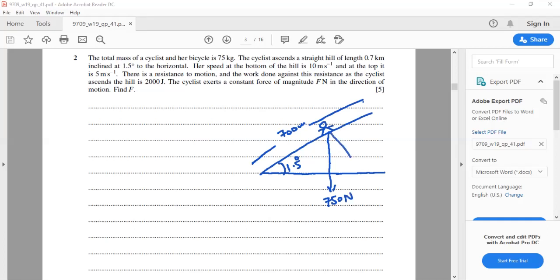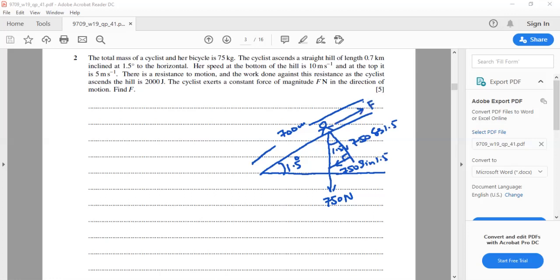If we resolve it into horizontal and vertical components, this angle is going to be 1.5 again. So this value is 750 sine 1.5, and this value is 750 cos 1.5. There is a constant force F applied in this direction.